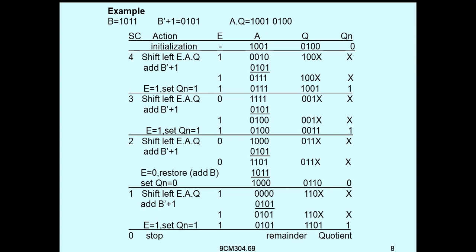So B is nothing but 1011. So B complement plus 1. B is nothing but here 1011. So B complement plus 1: what we'll get here, one's complement is nothing but 0100. 1 becomes 0, 0 becomes 1, then 1 1 becomes 0 0, so 0 1 double 0.